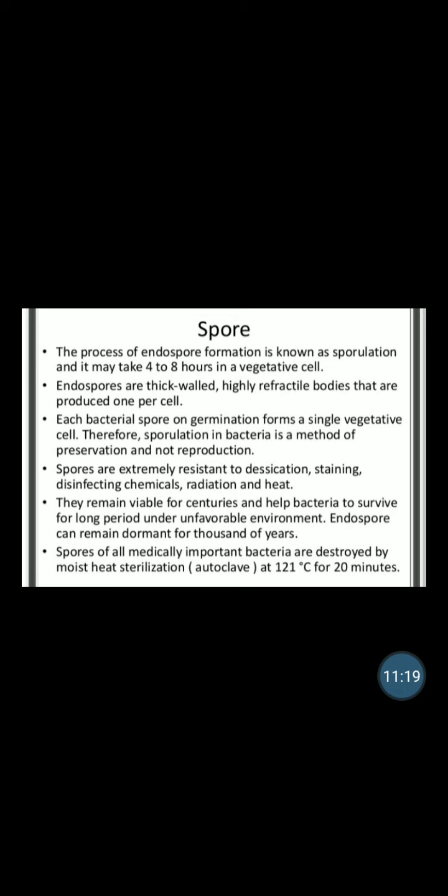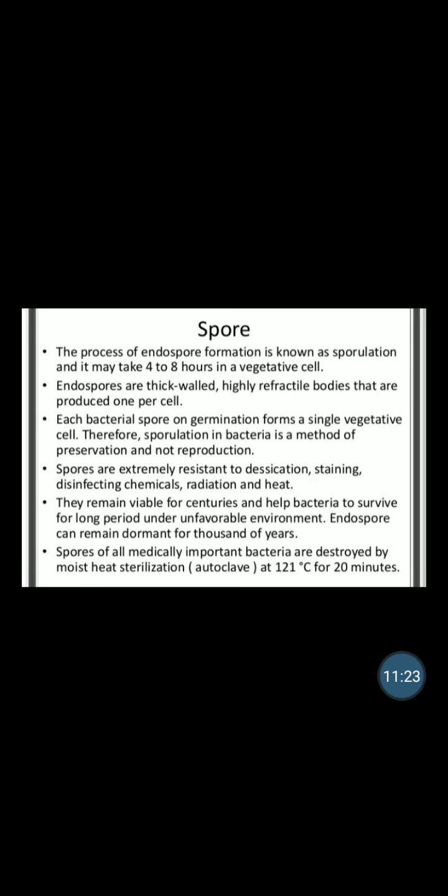Spores are extremely resistant to desiccation, staining, disinfecting chemicals, radiation and heat.